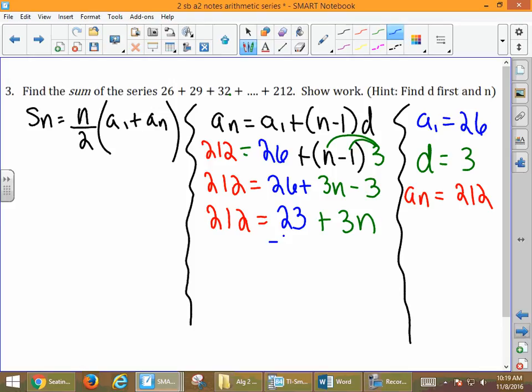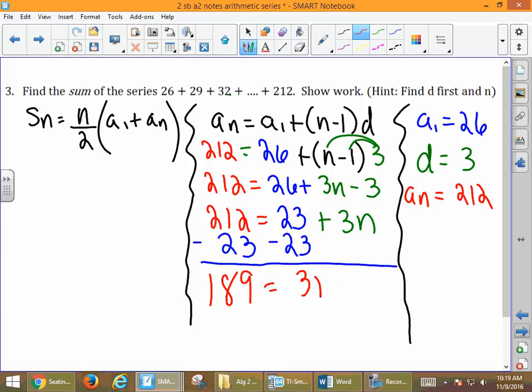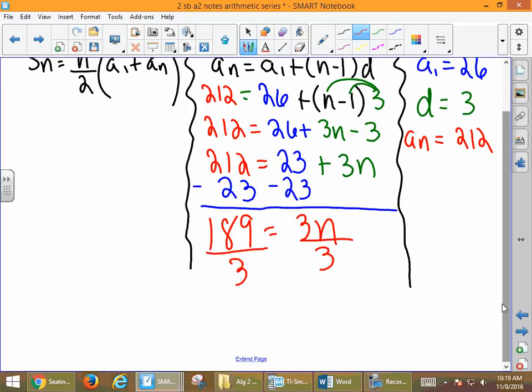So we're going to subtract 23 on both sides. 12 minus 3 is 9, and 20 minus 2 is 18, so 189 equals 3n. And finally, 3 times n, the inverse operation is to divide by 3. And we get n equals 63.